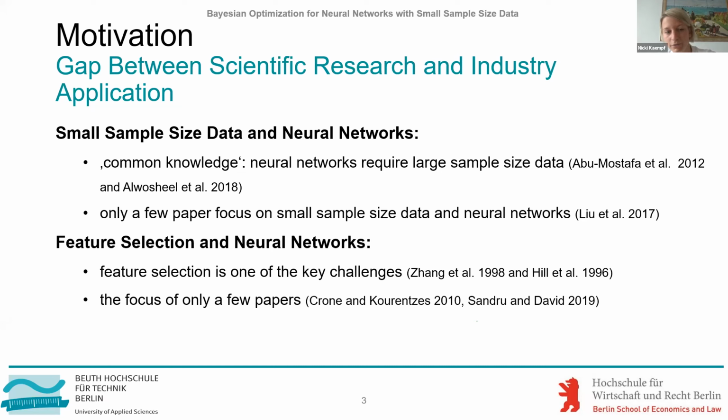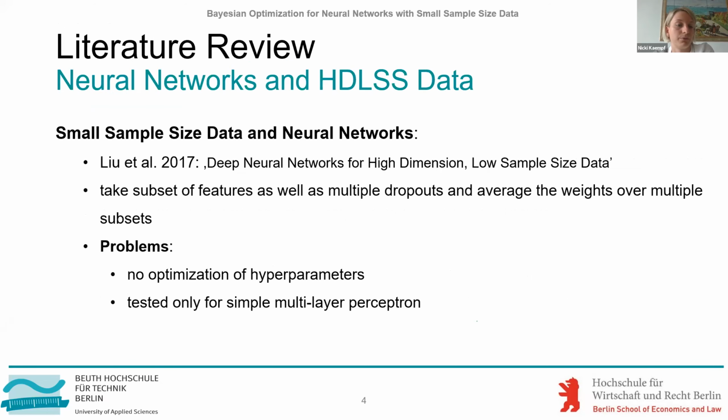So, as I mentioned, there are a few papers, so let's have a look at the existing approaches out there. For neural networks and small sample size data, there's the work of Liu et al. in 2017. They have a paper called Deep Neural Networks for High Dimensional Low Sample Size Data.